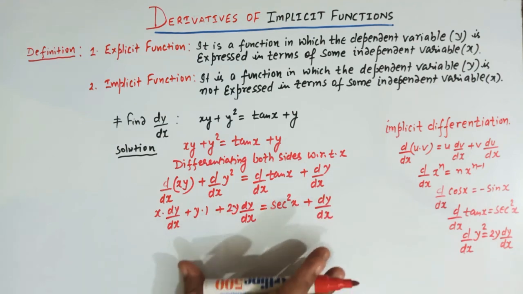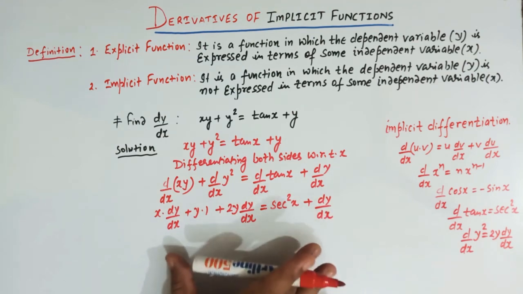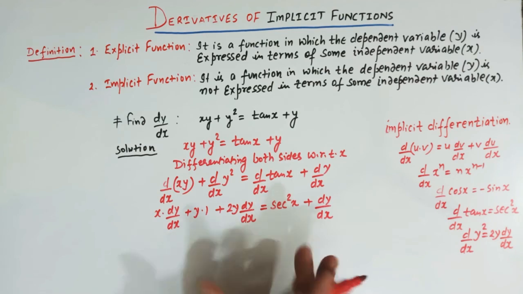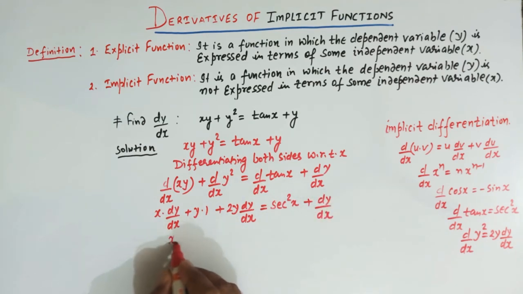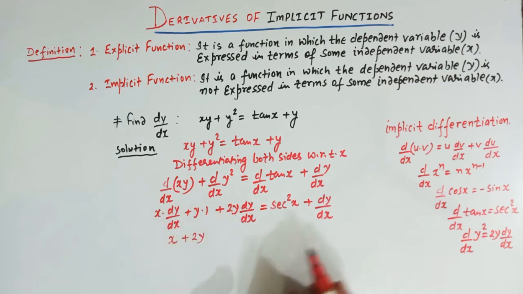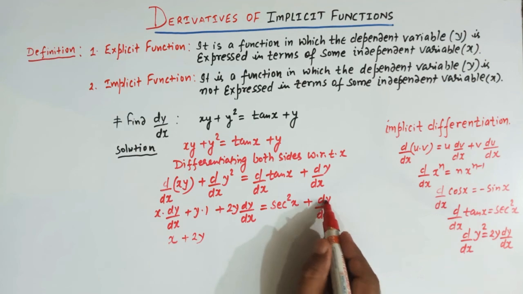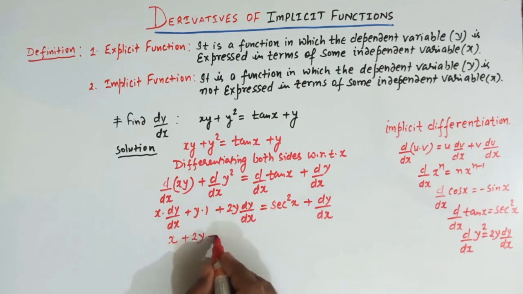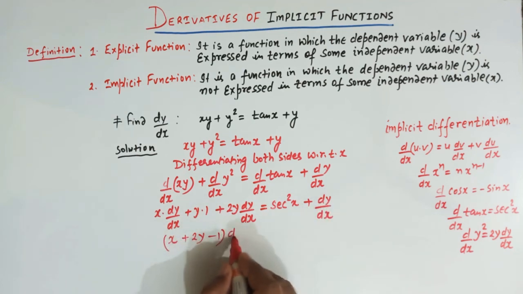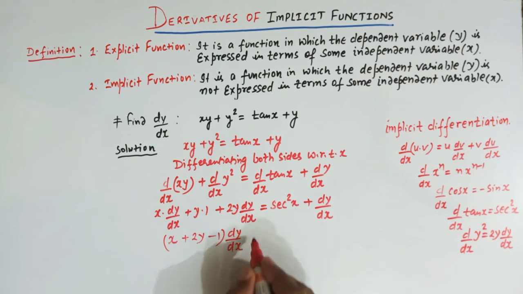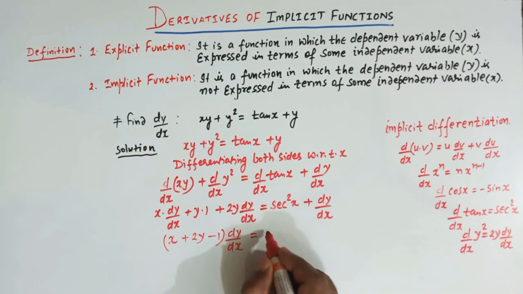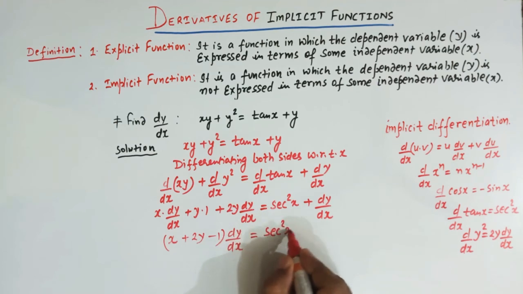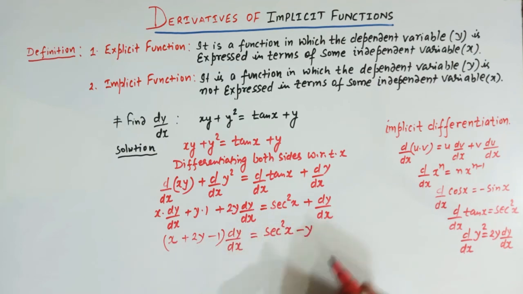Now viewers, again we will collect the terms containing dy over dx. So here we have x plus 2y, and if we take dy over dx to this side, we have minus 1, and this is dy over dx, and taking this y to this side, we have sec square x minus y.